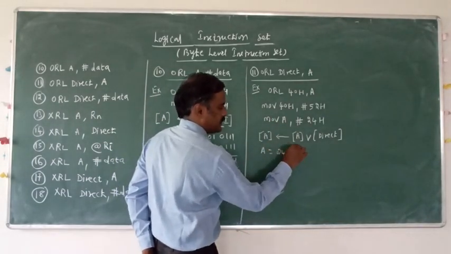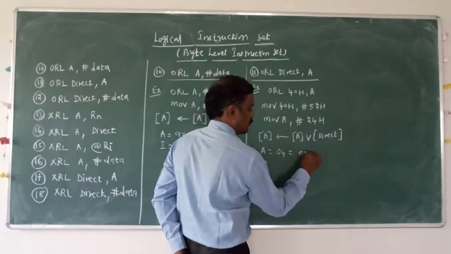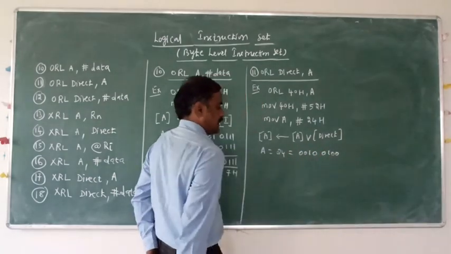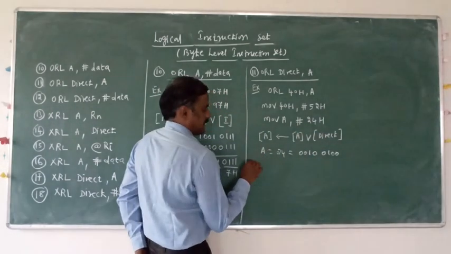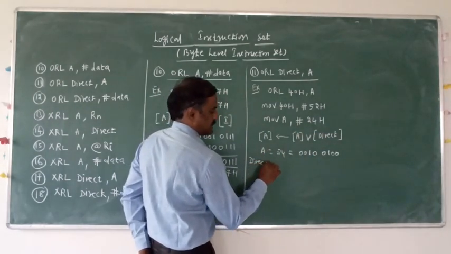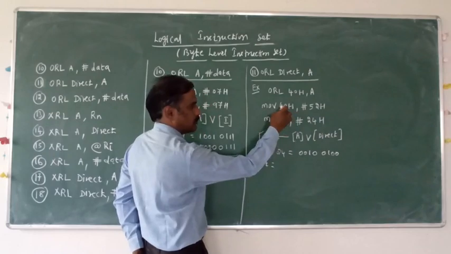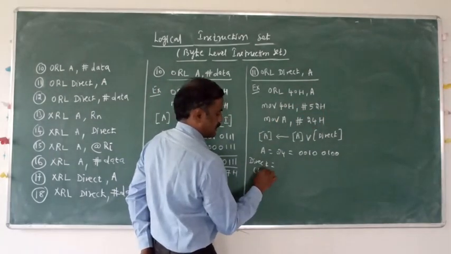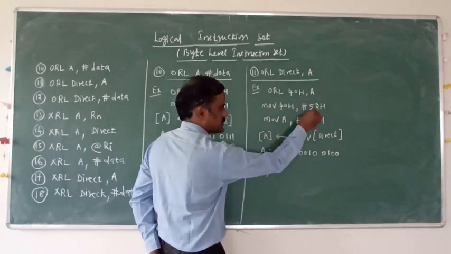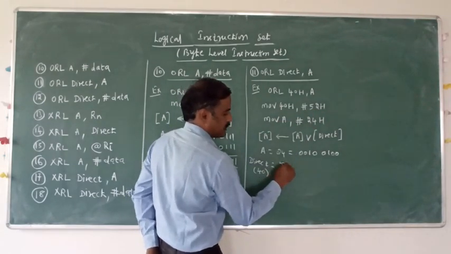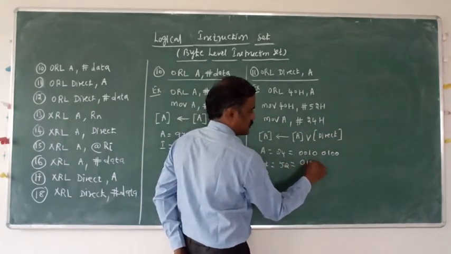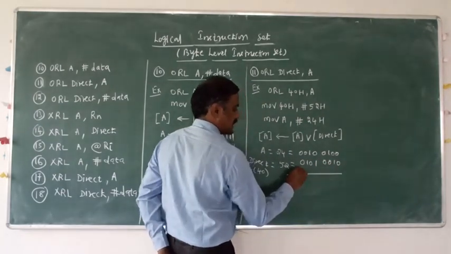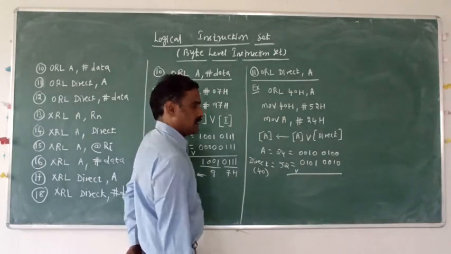Okay. Here the A register 24 means 0010, 4 means 0100. And then the direct memory address location data: the direct address location is 40, and the 40 address location data is 52. Now 52 means 0101, 2 means 0010. Now logically OR these two data.